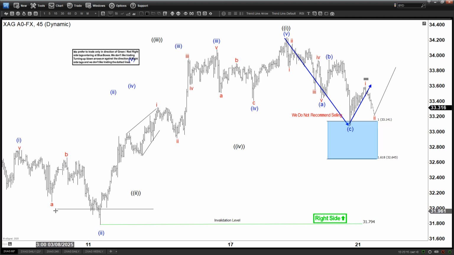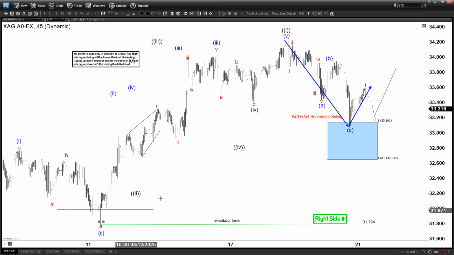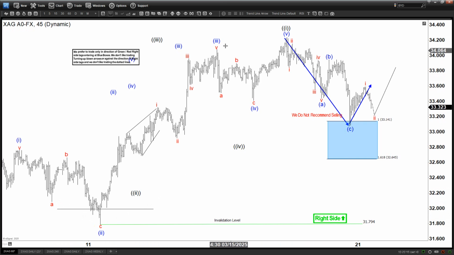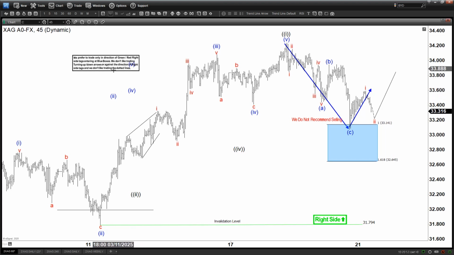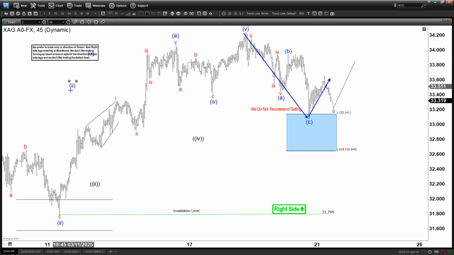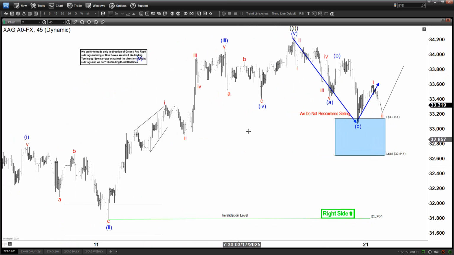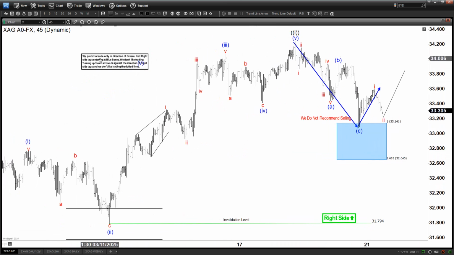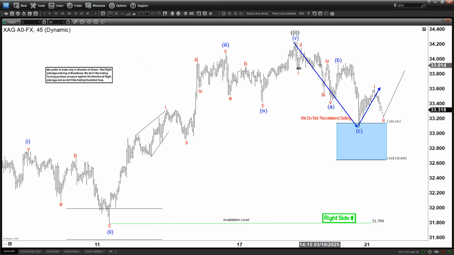So we can be doing something like this. Let's say we get further continuation lower, so we can call 1 completed here, right? We can call 1 in black completed here, and then now doing a WXY to finish 2 in black.